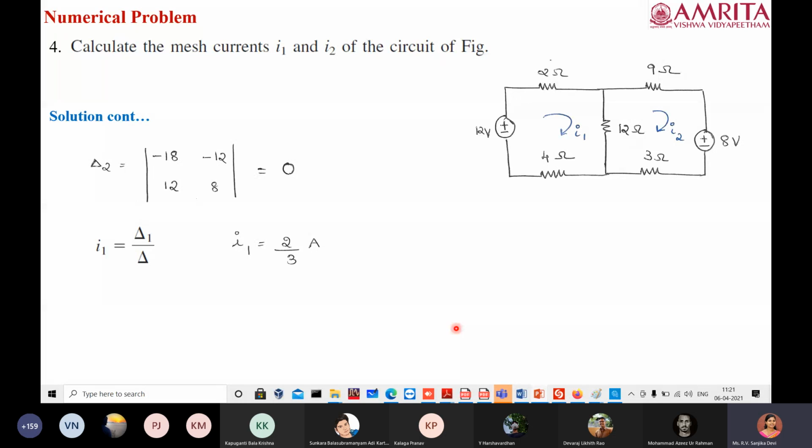Similarly, I2 we will obtain by taking delta 2 by delta. Since delta 2 is 0, I2 will be 0 amps. So this is also a method by which we can obtain the variables I1 and I2.